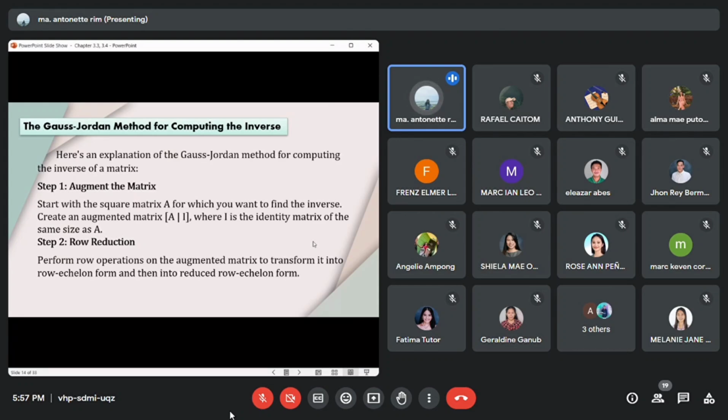So there are many different row operations. Pwede tang mag row switching, row scaling, and row replacement. So the goal is to transform the left part of the augmented matrix, matrix A, into the identity matrix while ensuring that the right part remains the same.